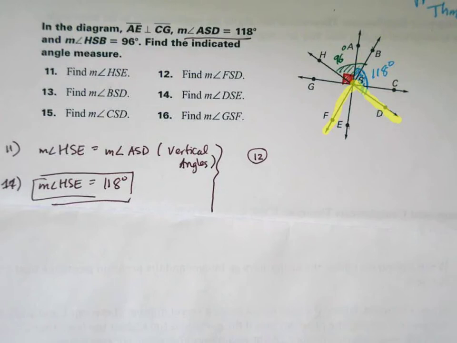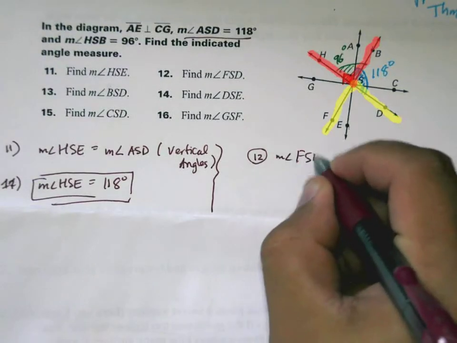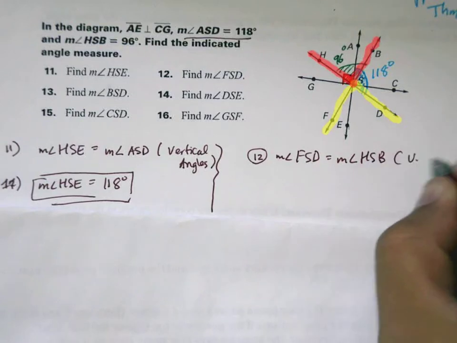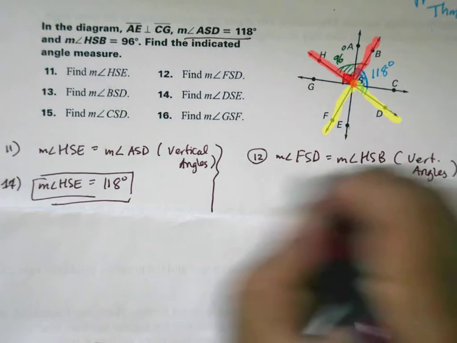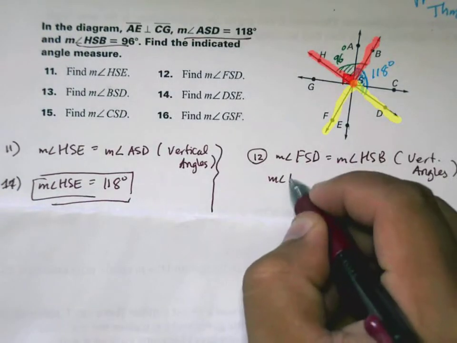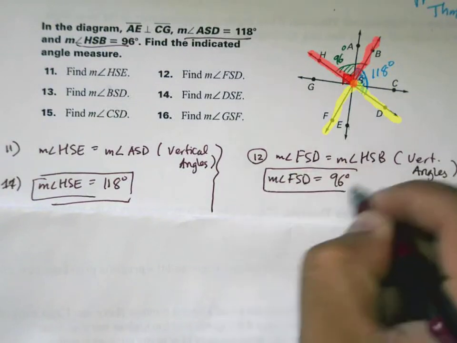FSD is a vertical angle with this one. That's HSB. So the measure of FSD is equal to the measure of HSB because they are also vertical angles. But HSB was given to us as 96 degrees, so the measure of FSD is also 96 degrees. Hopefully that's also a little bit more clear.